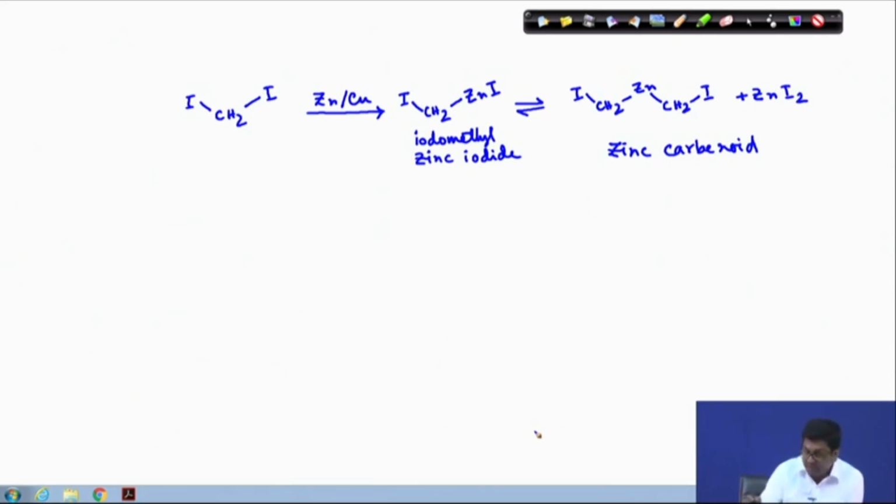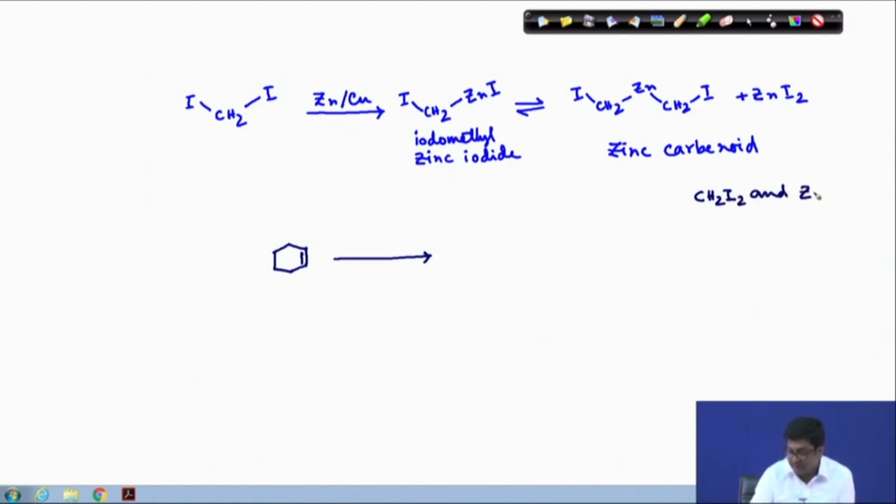So, now if we take one olefin, as per example here it is cyclohexene, in the presence of the Simmons-Smith reagent, that is CH2I2 and zinc-copper couple.